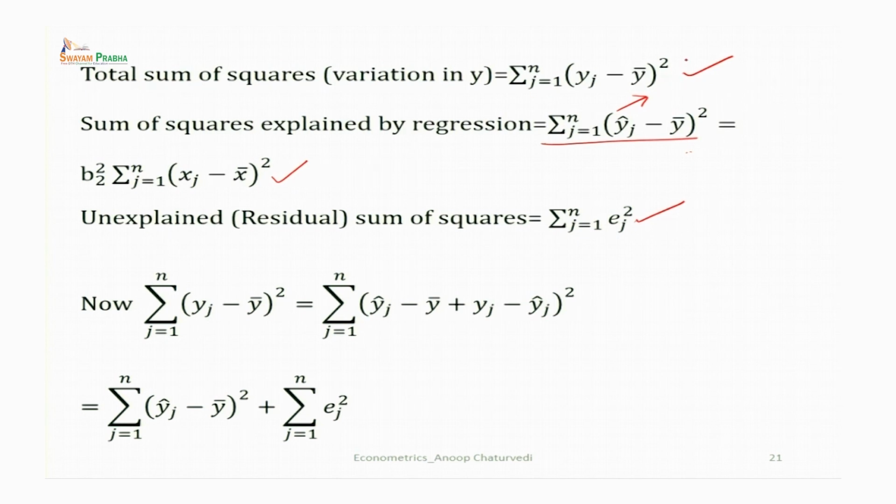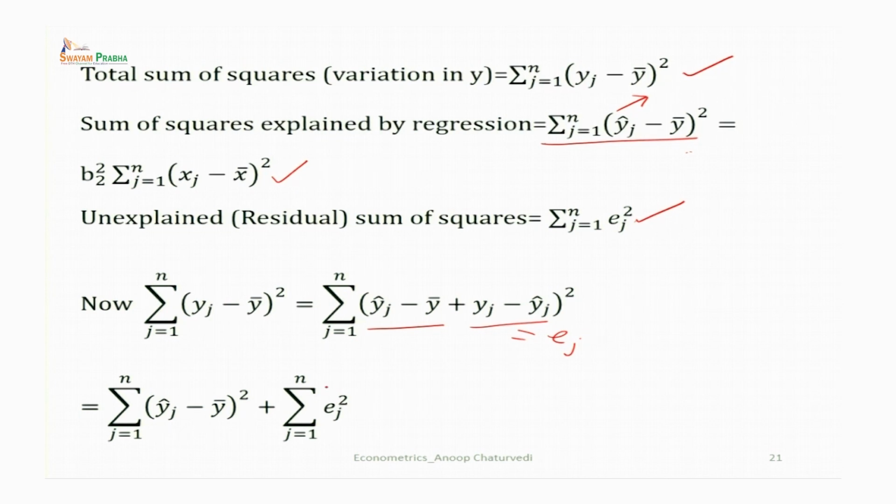Further, you can write the total sum of squares, summation y j minus y bar square, as summation over j of y j hat minus y bar plus y j minus y j hat, all squared. So, we have subtracted and added y j hat, and then we take the square. So, you get summation over j y j hat minus y bar square plus summation E j square, where y j minus y j hat is equal to E j.